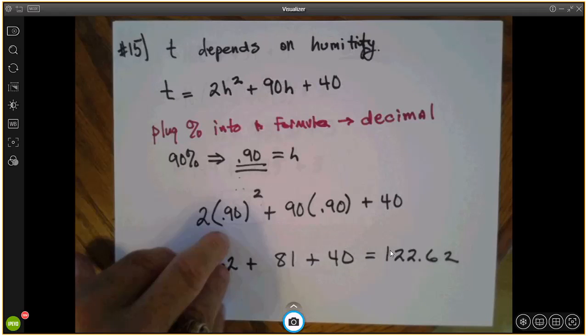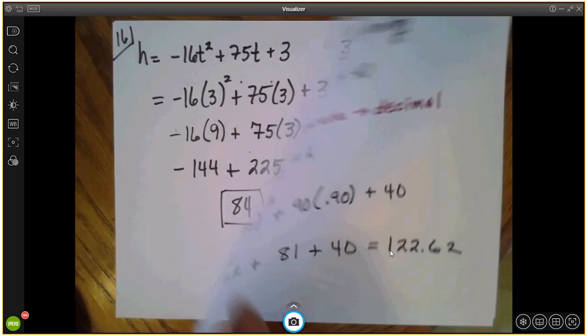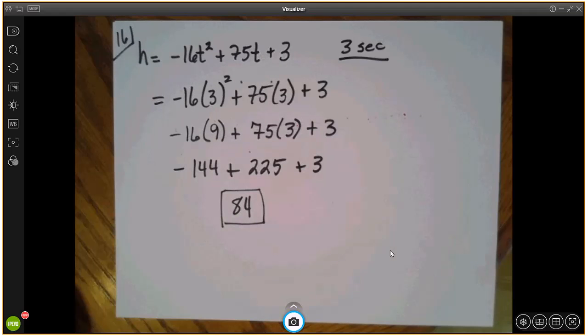I'm giving you a little time after I finish so you can pause the video or look at the problem. Again, a ball is kicked h feet in the air given the time in seconds. So if you kick it and it's 5 seconds, then that 5 seconds will tell you how far the ball goes up in the air.